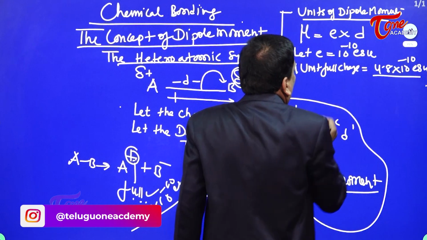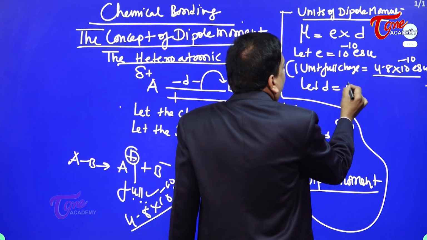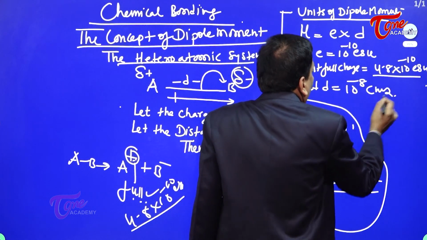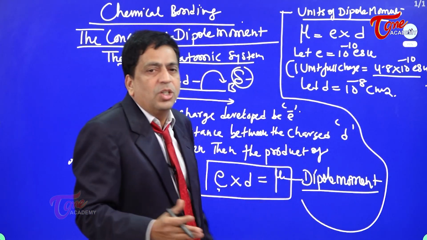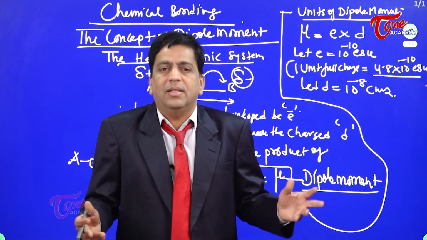Right? If E is 10 power minus 10, assume let D is 10 power minus 8 centimeters. That's also an arbitrary value. The distance between the poles, let it be 1 angstrom, that is 10 power minus 8 centimeters. It's an assumption.